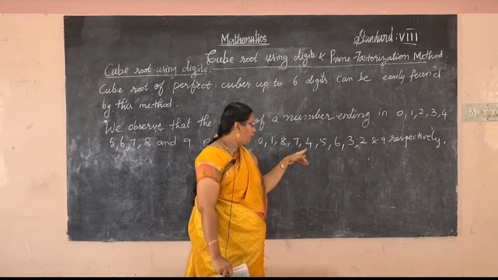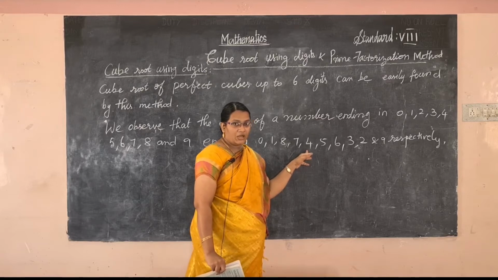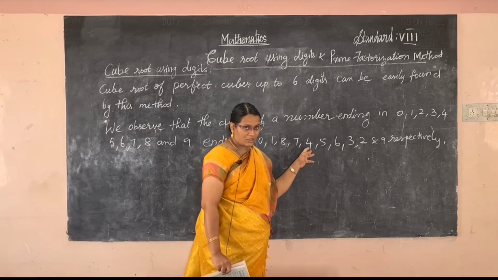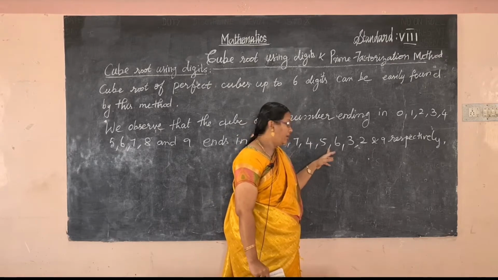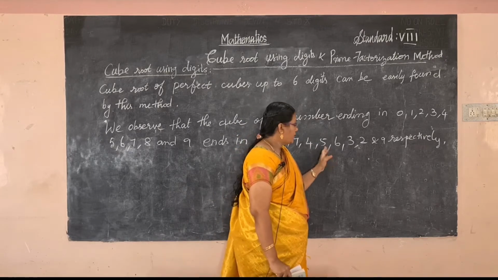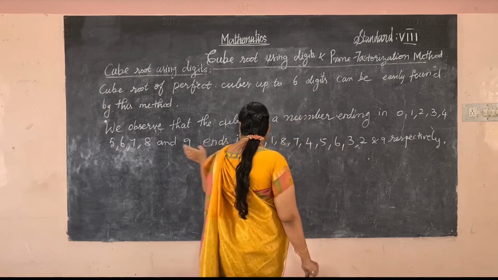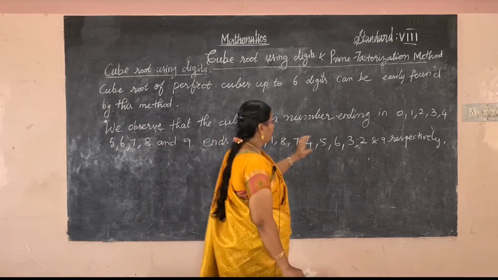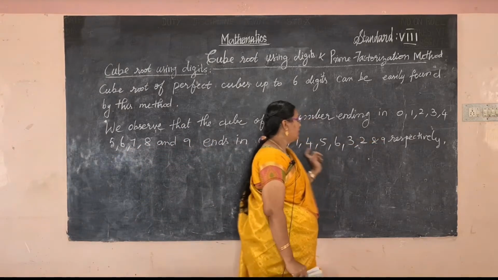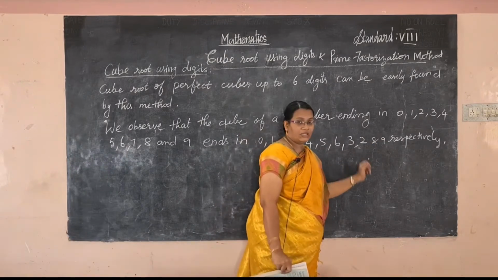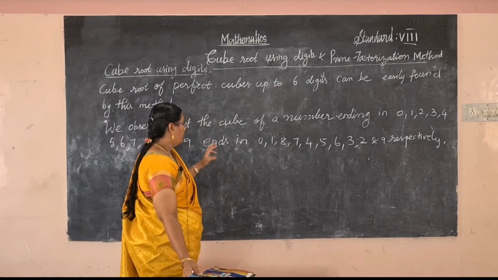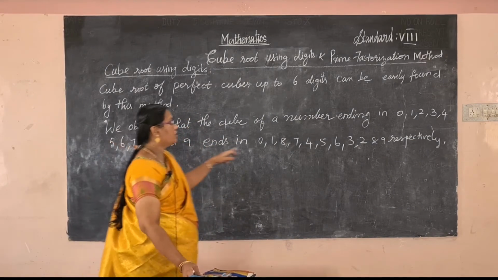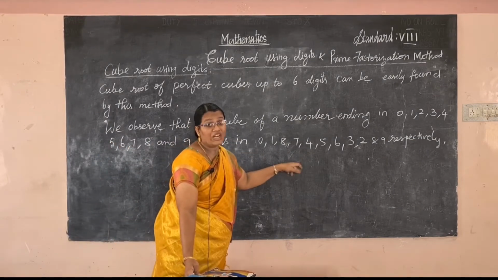Then 4 cube is 64, ones place is 4. 5 cube is 125, ones place is 5. Likewise we have the respective numbers ending in the cube values.